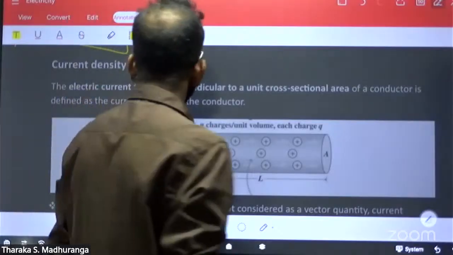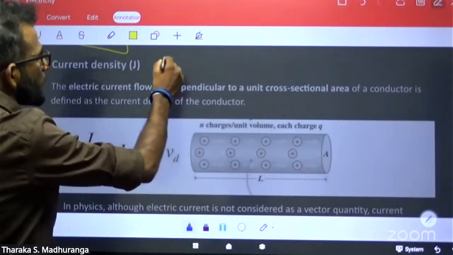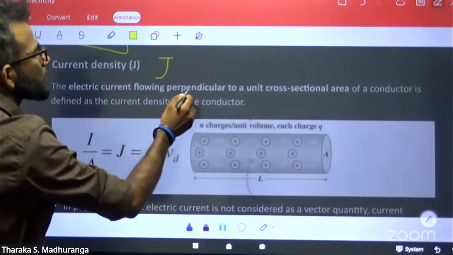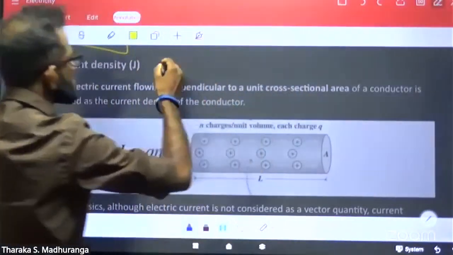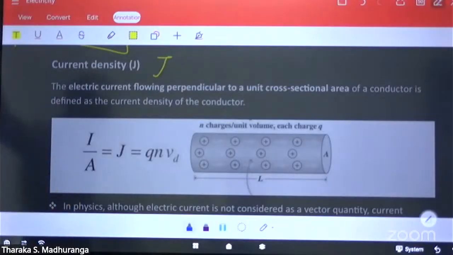The second one is current density. This is the symbol. Actually, it is not J, its symbol is like this. Okay, what is the current density?